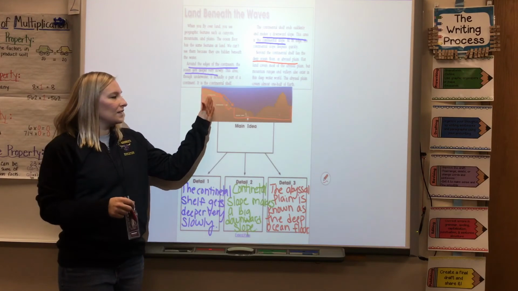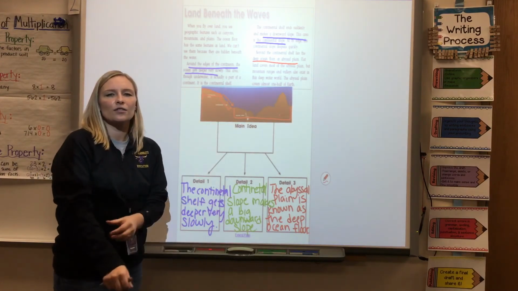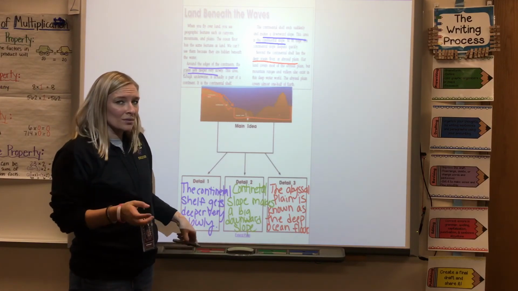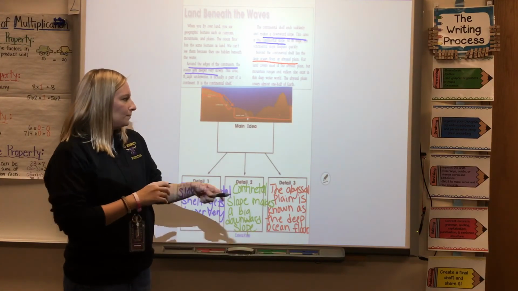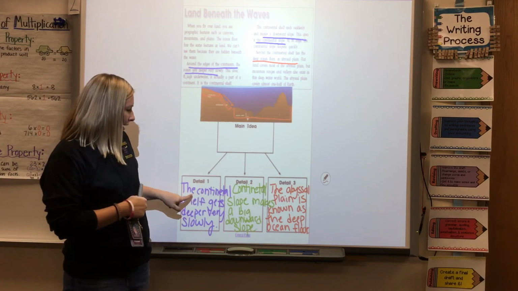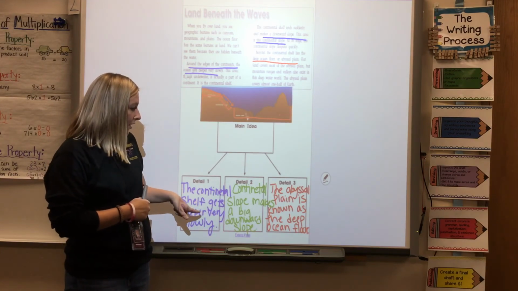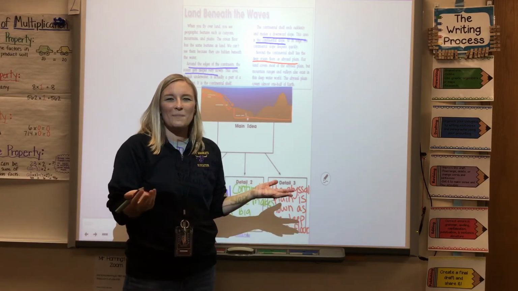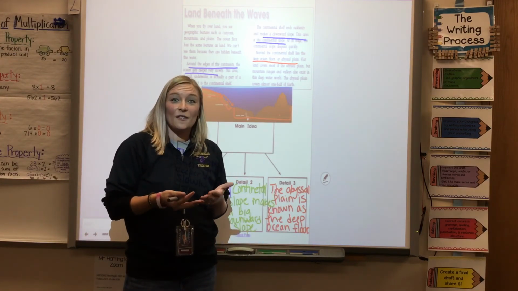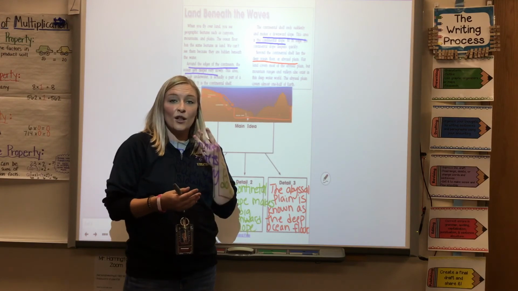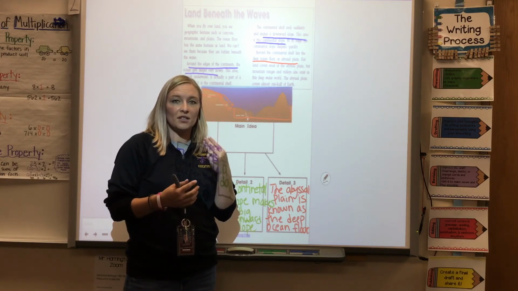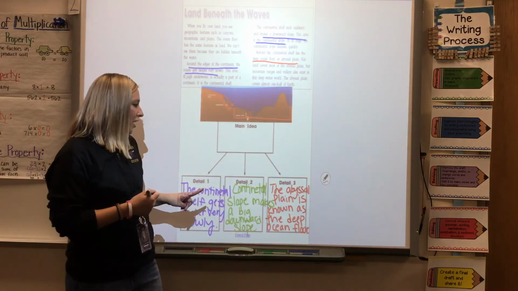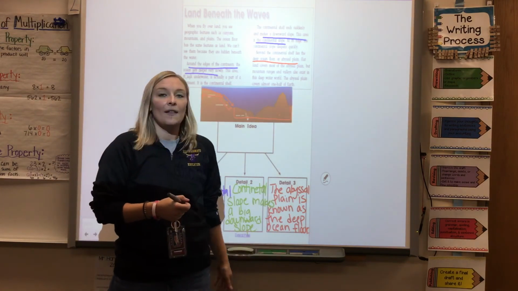So based on these 3 things that the article talked about, I need to figure out, well, what is my main idea now? What is the main idea of this article? Well, it talked about the continental shelf, the continental slope, and the abyssal plain. So my main idea is saying that the ocean floor has 3 different parts. It has the continental shelf, the continental slope, and the abyssal plain.